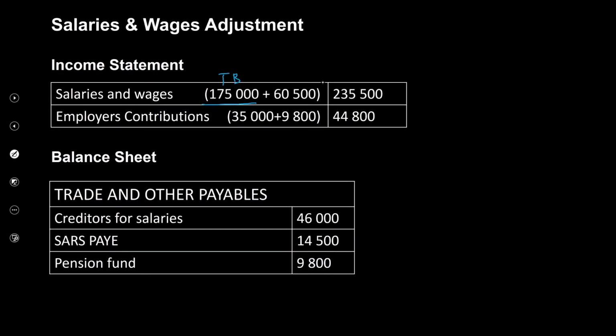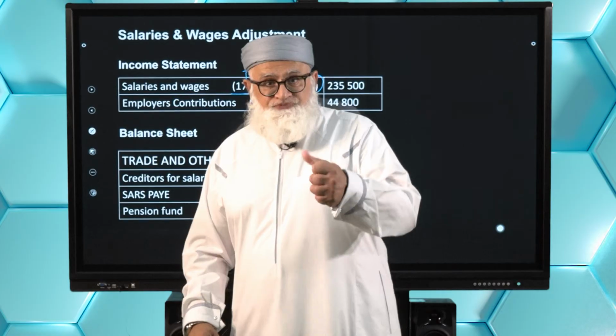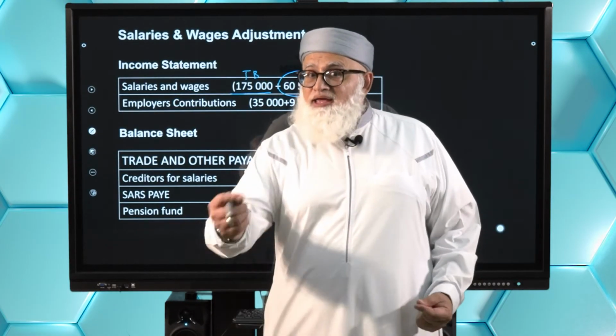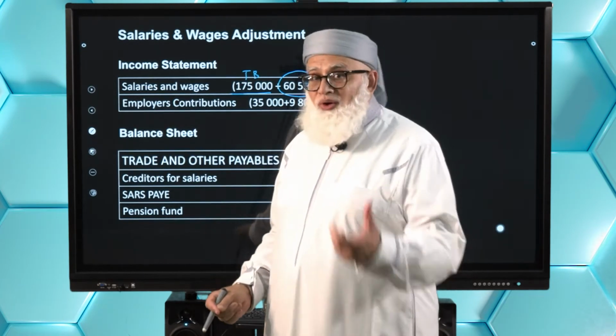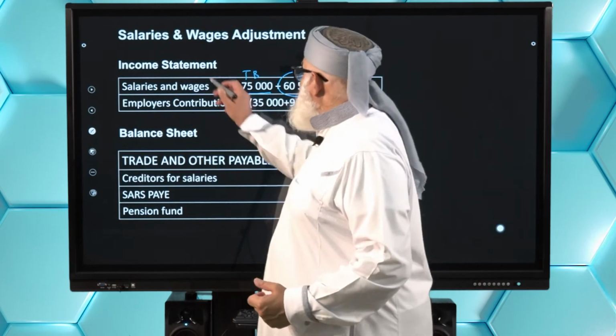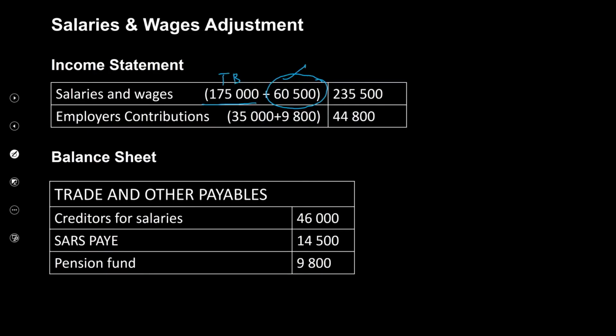There's my 60,500, which in fact is my gross salary, right? So remember this, net salary plus deductions is equal to my gross salary. So what amount do I want? I want my gross salary. So you're debiting salaries and wages with the 60,500 to give me my total new salaries figure of 235,500.